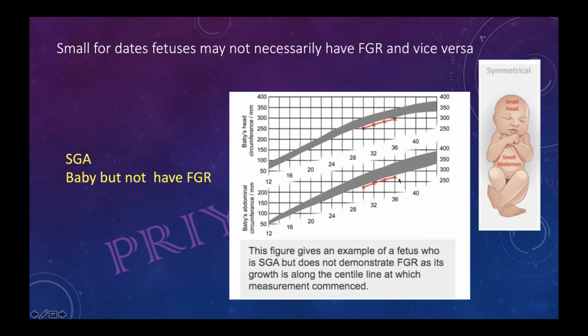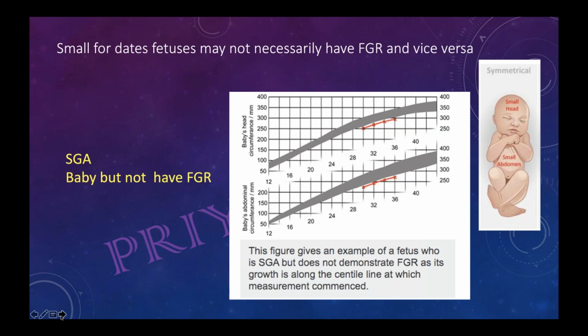So this baby has no growth retardation, but the baby is constitutionally small because of genetics or anything else, meant to be small. This kind of baby will usually do well because there is no growth retardation.